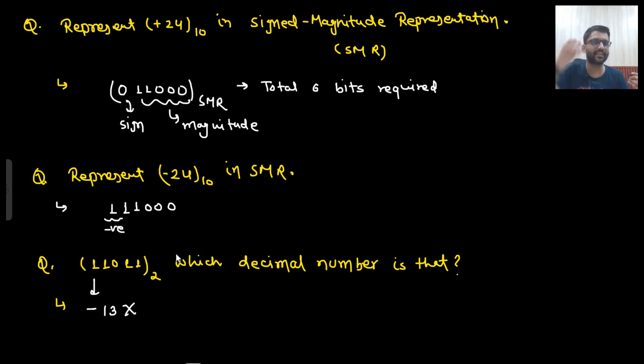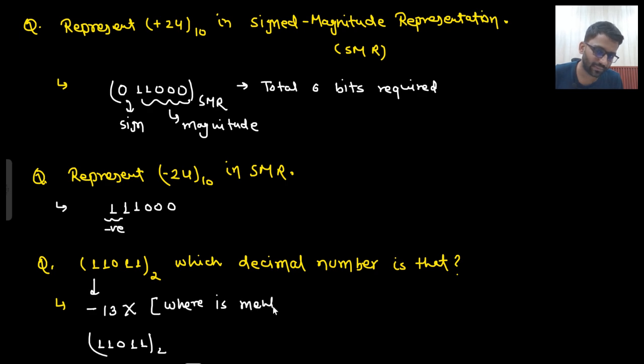I have to tell you that it is signed magnitude representation, then I will say that my MSB will be my sign bit. But here the number is 11011. Where is it mentioned that it is signed magnitude representation?